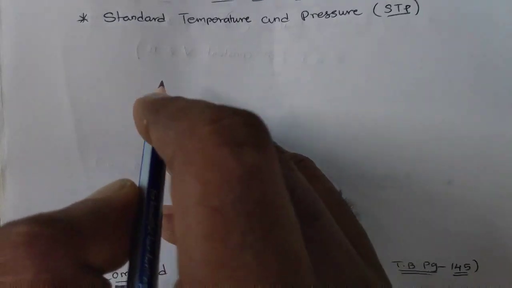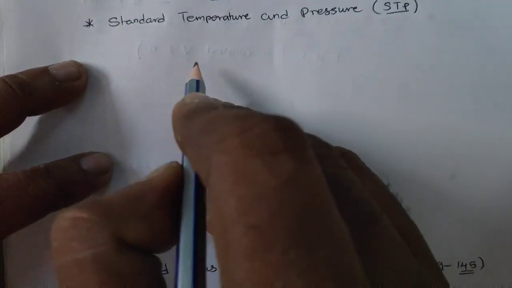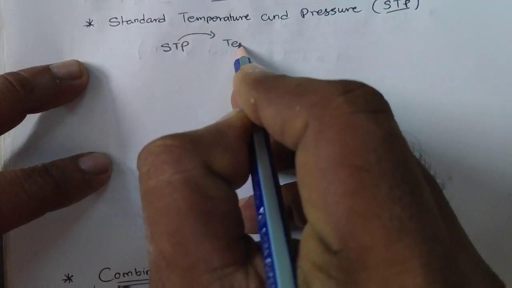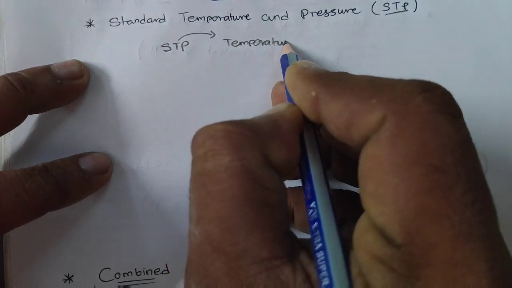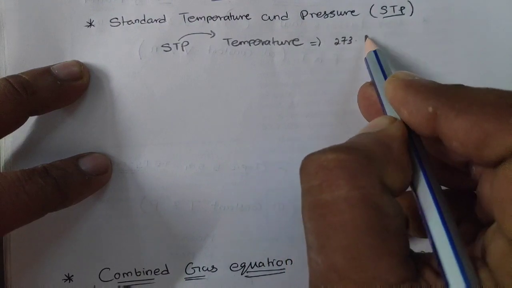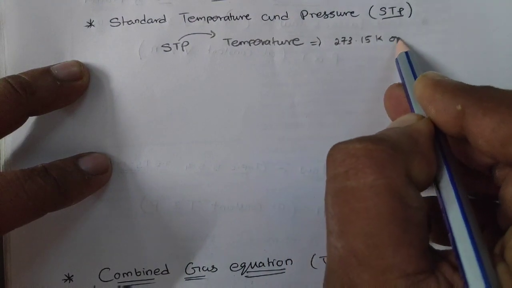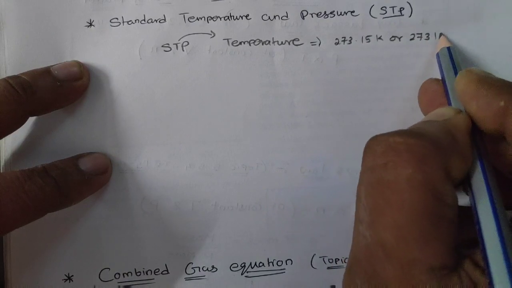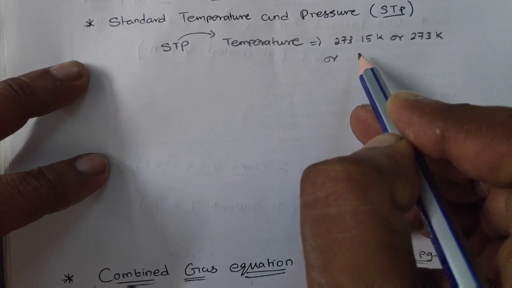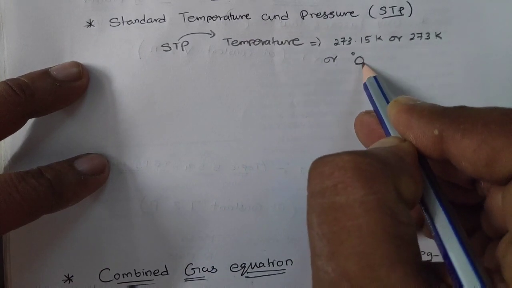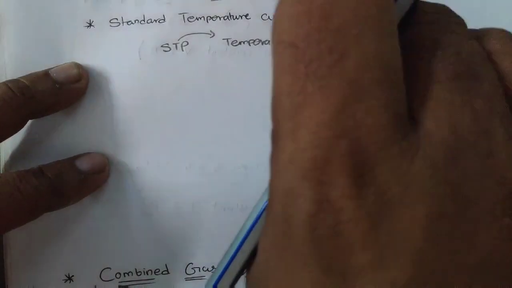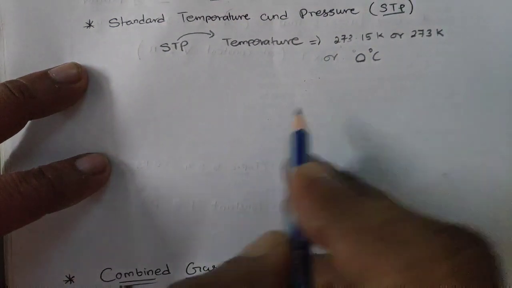For our convenience, when we say STP, in STP temperature we will take it as 273.15 Kelvin, or for our convenience you can take it as 273 Kelvin, or also you can take it as 0 degree Celsius, right?